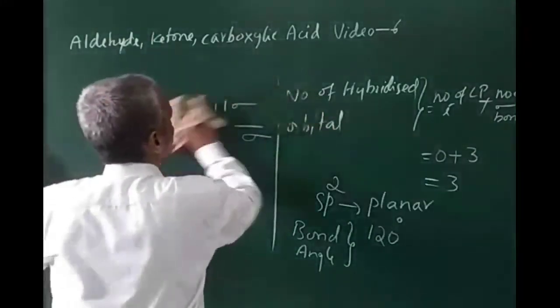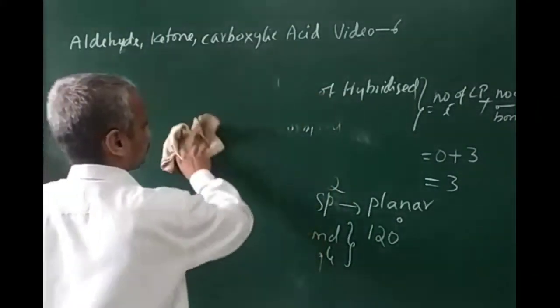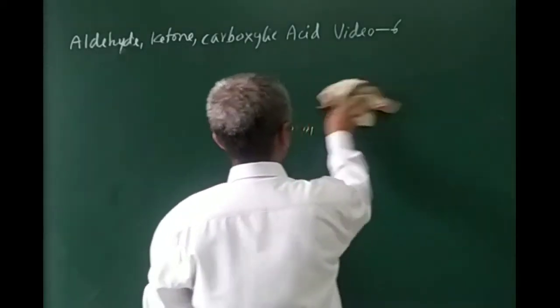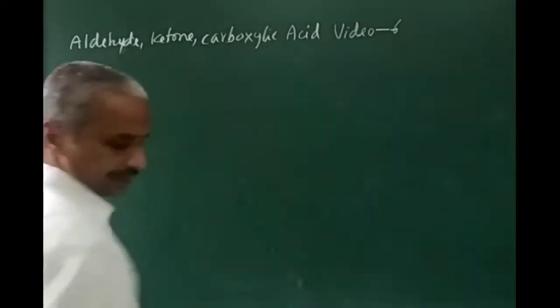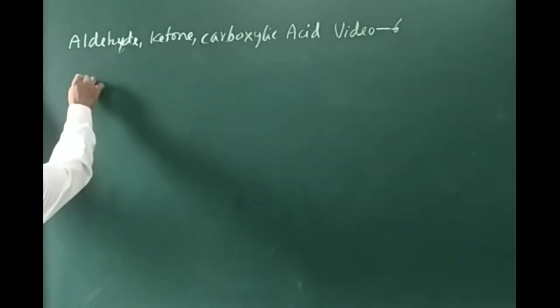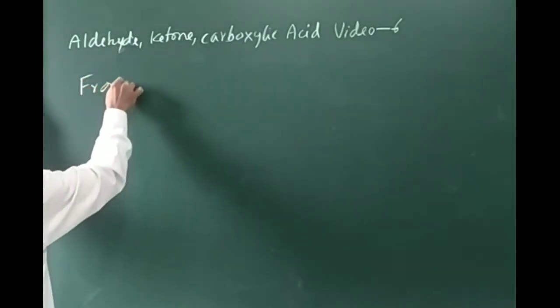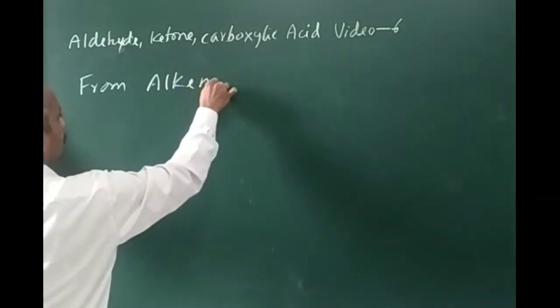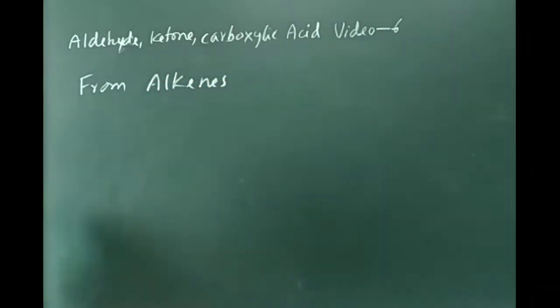Now, preparations. When I go for the preparations, first we'll see the preparation from alkene. From the alkene, through the ozonolysis reaction, I can get it.